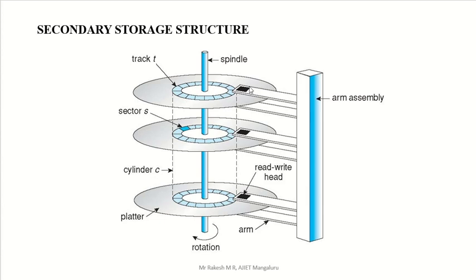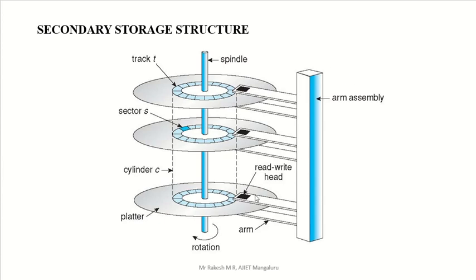Here in this sector we are going to write and read anything. Sector means a small data storage area. Reading and writing everything is possible by this arm, as you can see in the diagram. On this side and the bottom side, we can write and read on both sides. That happens by using the arm, and the arm is controlled by the arm assembly.